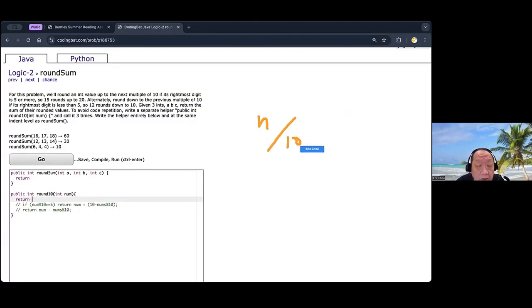So you can do this one, divided by 10, okay? And then if you plus 5, that would be the number. So you do number plus 5, divided by 10.